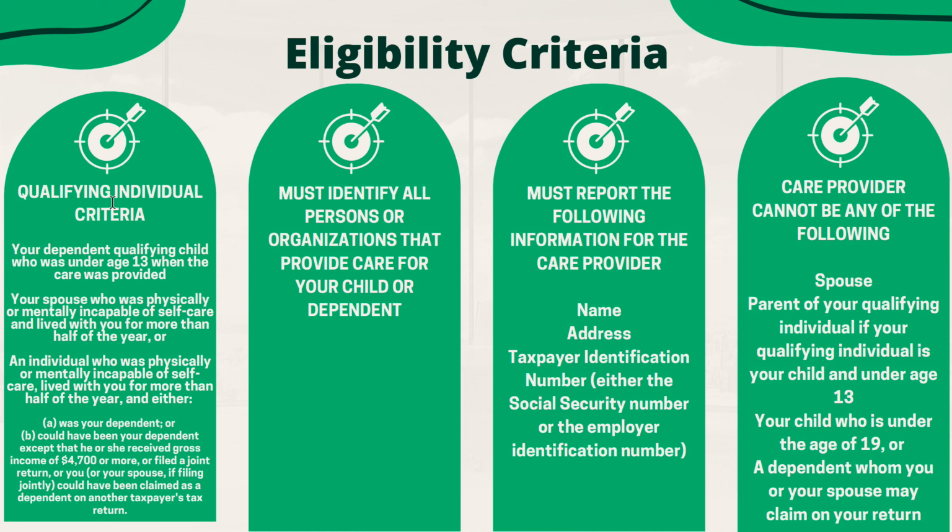Or an individual who is physically or mentally incapable of self-care, lived with you for more than half of the year, and met additional criteria: either you claimed them as a dependent, or they could have been eligible to be your dependent, except for the fact that he or she received gross income of $4,700 or more during the year, or they filed a joint tax return, or you or your spouse could have been claimed as a dependent on another taxpayer's tax return.